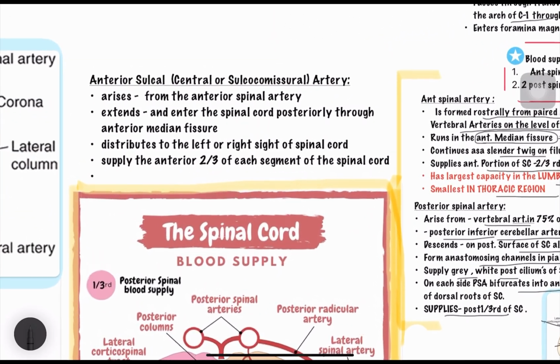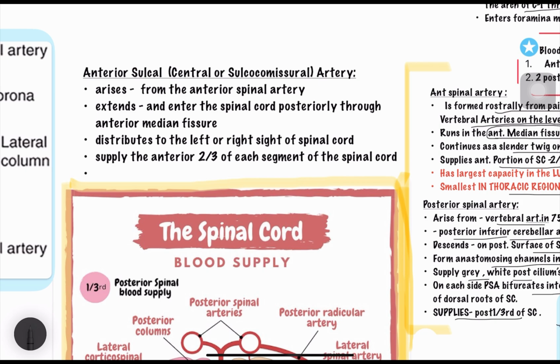Now the anterior sulcal or sulcocommissural arteries arise from the anterior spinal artery and enter the spinal cord posteriorly via the anterior median fissure. They distribute to the left and the right sides of the spinal cord, supplying the anterior 2/3 of each segment.